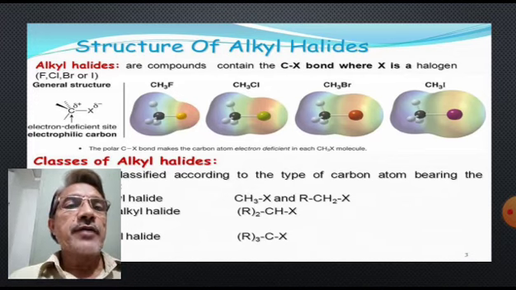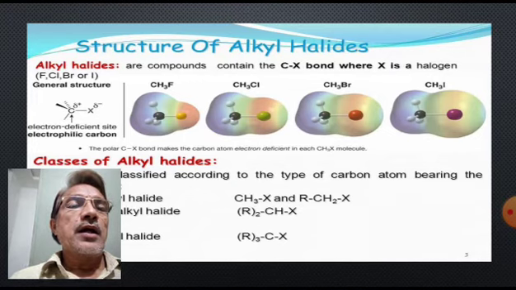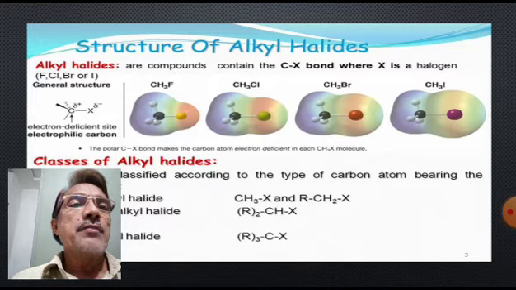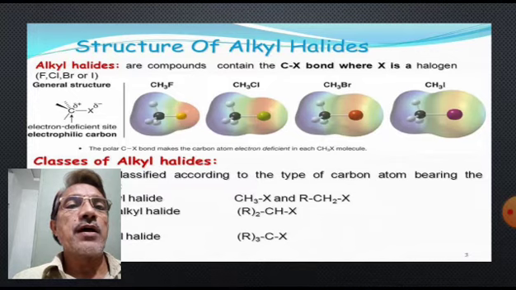In this chapter, we are going to discuss alkyl halides. What are called alkyl halides? Those compounds which contain a C-X bond, where X is a halogen, are called alkyl halides.